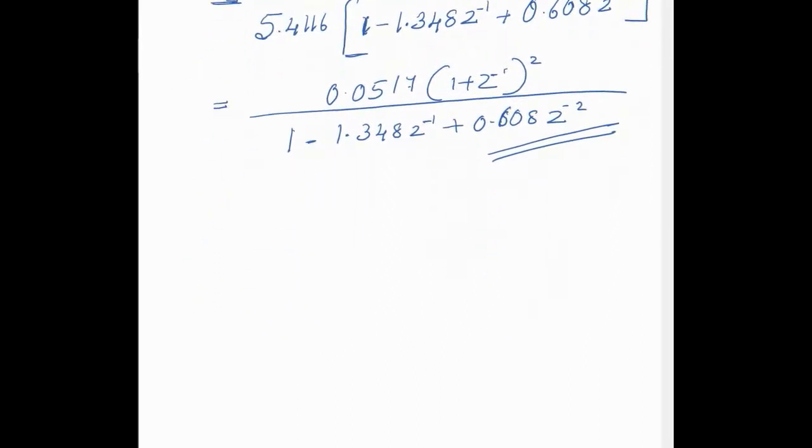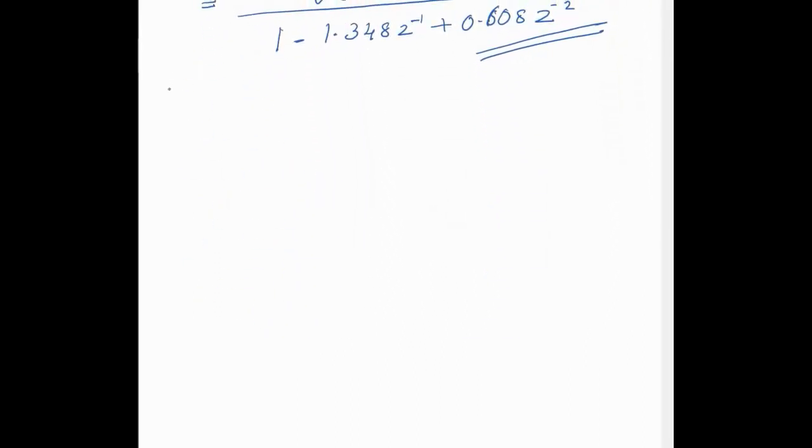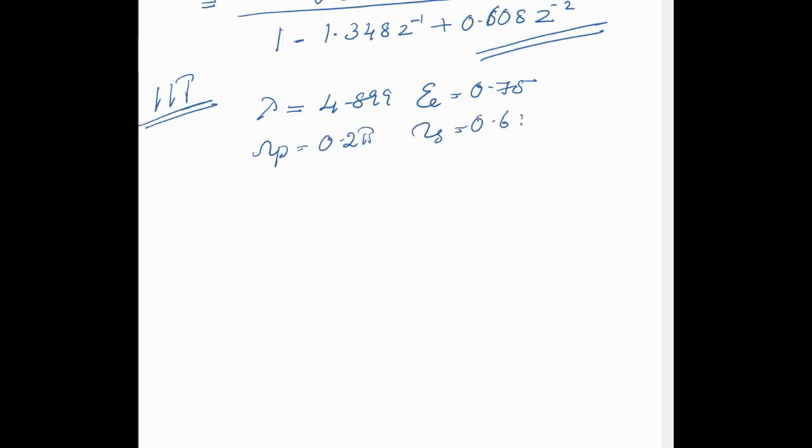And the same thing we are going to do with the help of an impulse invariant transformation, IIT. In the impulse invariant transformation, there is no need of pre-warping the equation, so you can directly write the values. You have found lambda is equal to 4.899, epsilon is equal to 0.75, omega p is equal to 0.2 pi, and omega s is equal to 0.6 pi.